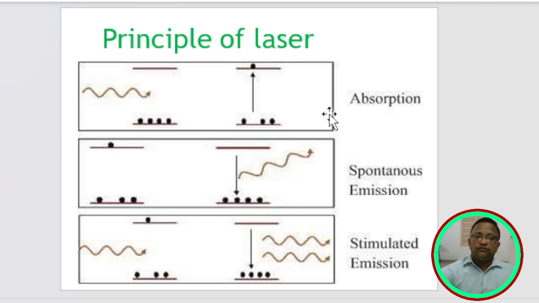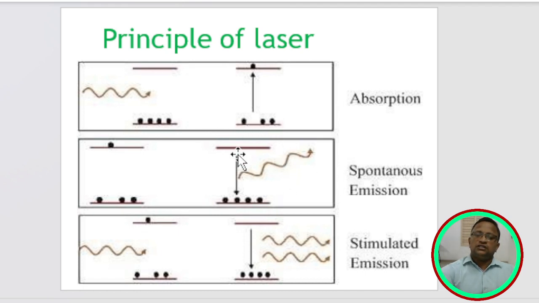If we give suitable energy to the ground level atoms, then they are excited and reach the excited level. The process of absorbing the incident radiation energy and moving to the higher energy level is called the absorption process.